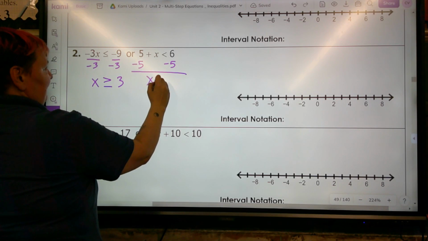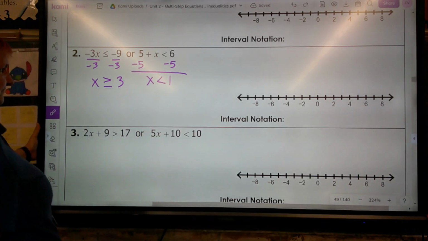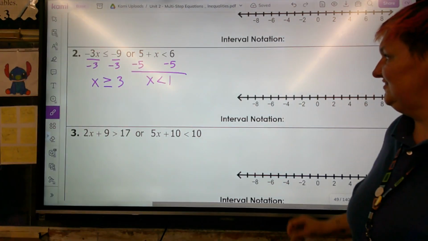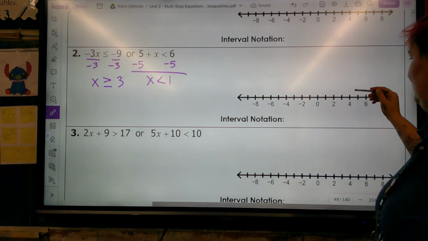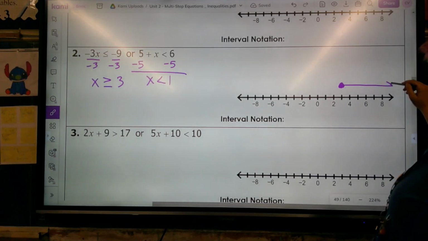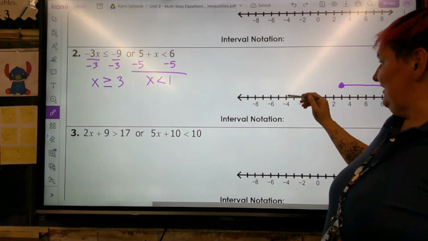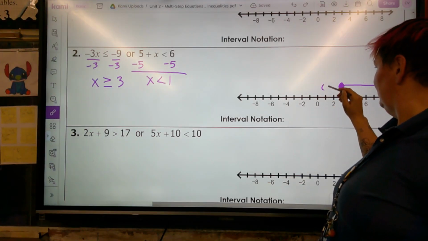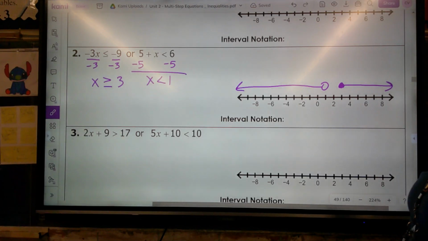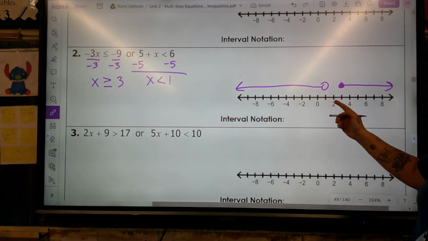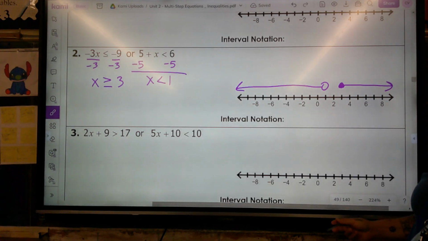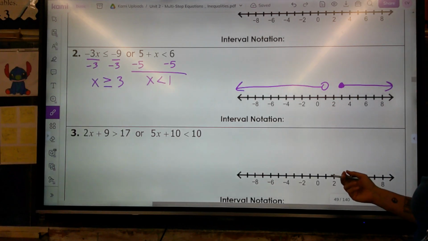So x is less than 1. Now let's graph those two things. x is greater than or equal to 3, or x is less than 1. So the only numbers it can't be is 2 and 1. All the other numbers are possible.